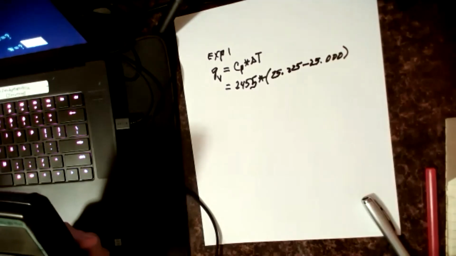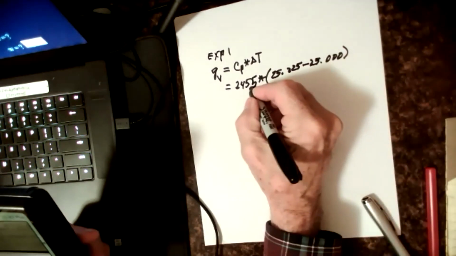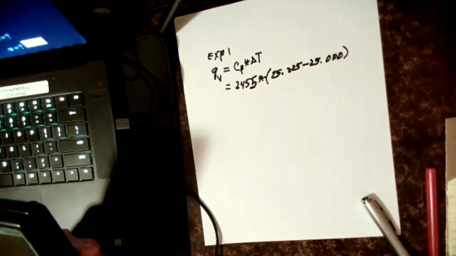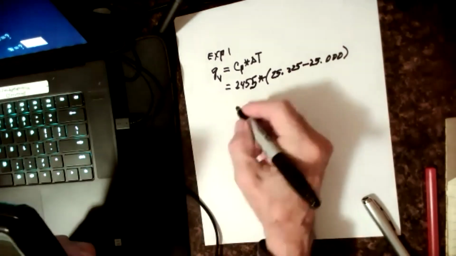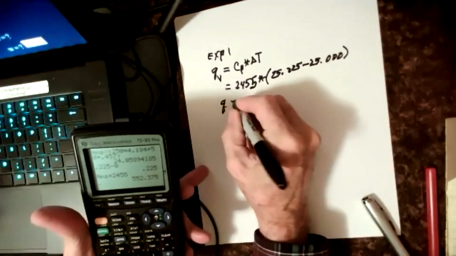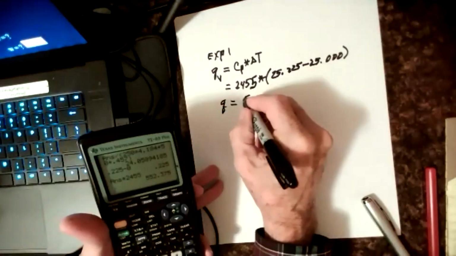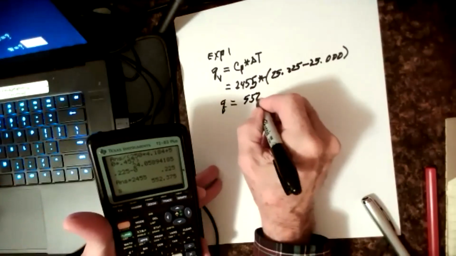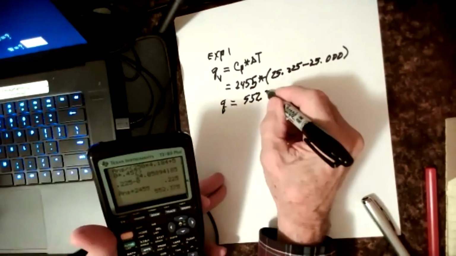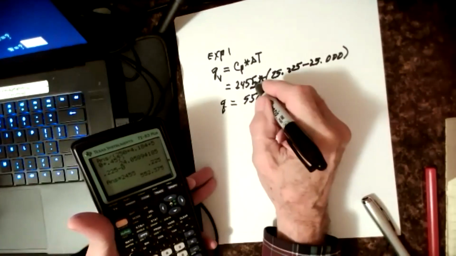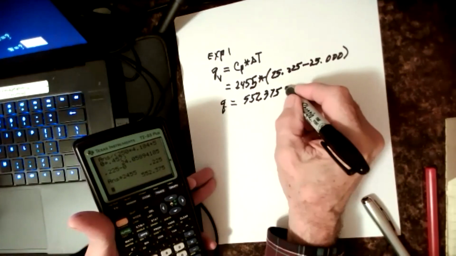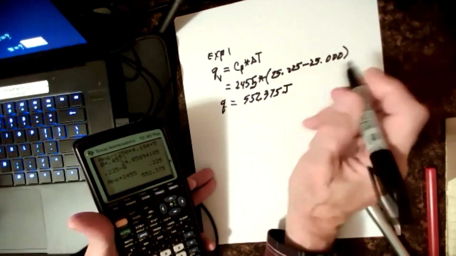I want to multiply it by 24.55. That's not a point there. That's 24.55. So times 24.55, I get Q is equal to 552.375. The units were joules per degree, and so this is going to be in joules.